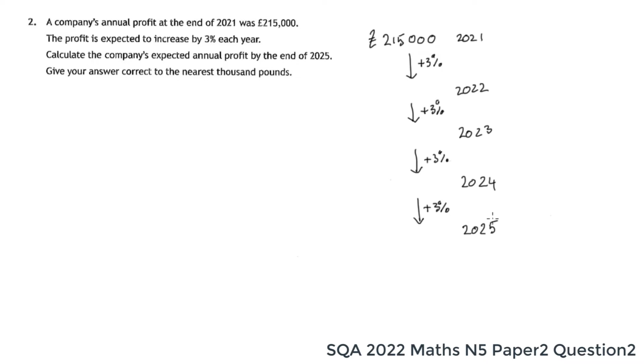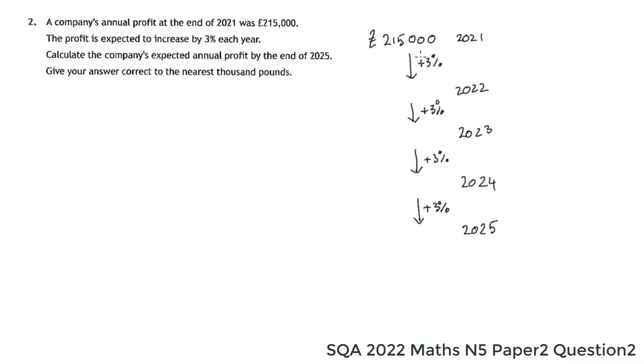To 2025. So it would appear what we should do is we take this sum of money, work out 3% of it, add it on, we get a new sum of money. We work out 3% of that, add it on, get a new sum of money, and then continue all the way down to 2025. However, there is another way of doing this rather than working out individually and adding. 3% of this is 3/100ths.